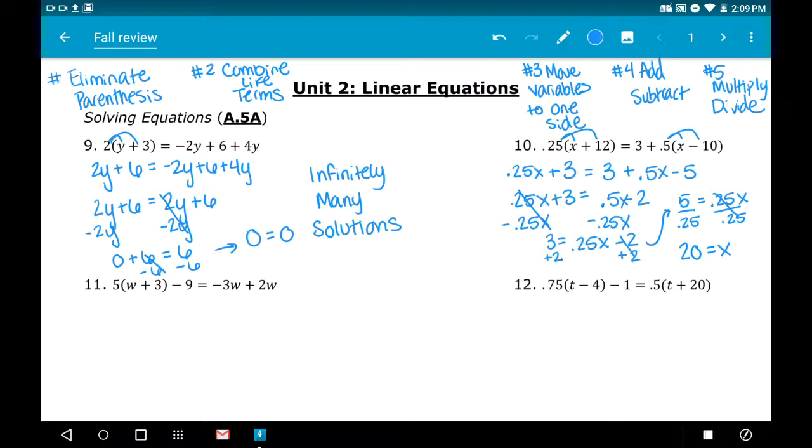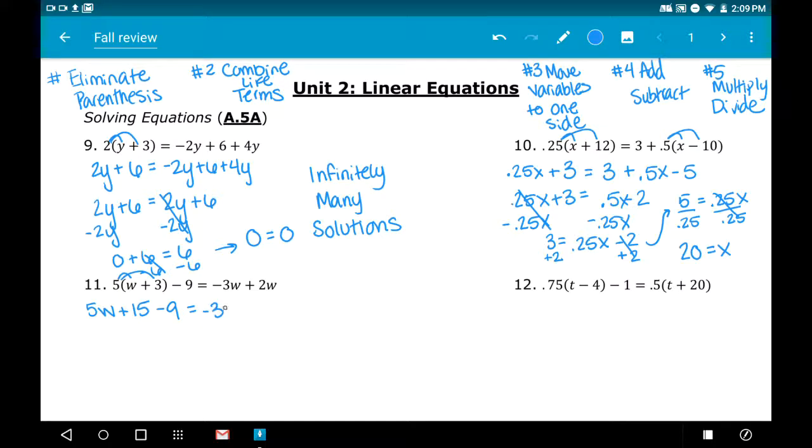For the next ones, we're going to keep doing the same steps. So for number 1, our first step is eliminate parentheses. So I have 5 times w is 5w, 5 times 3 is 15. Then I keep minus 9.